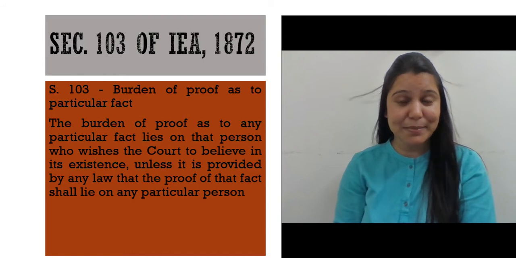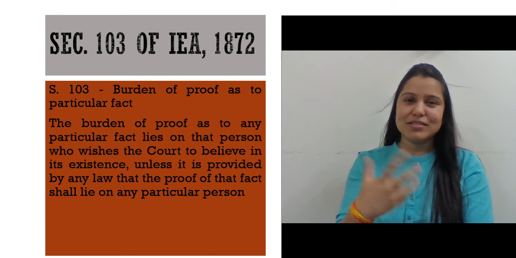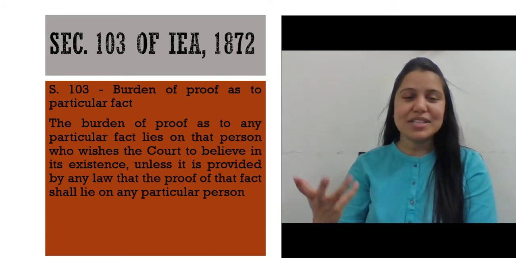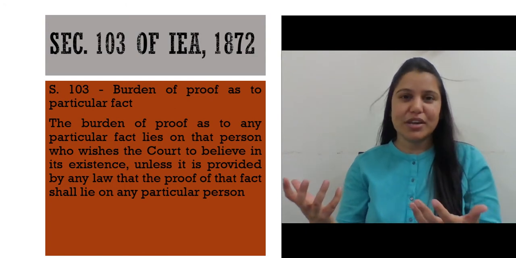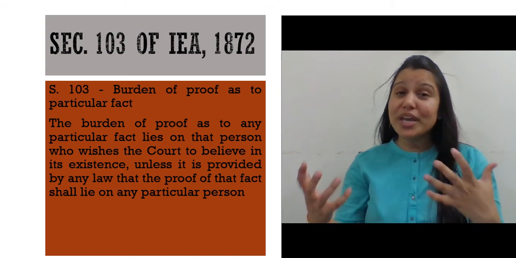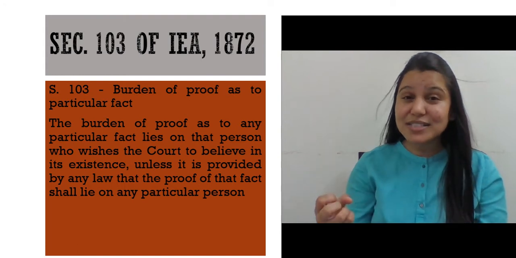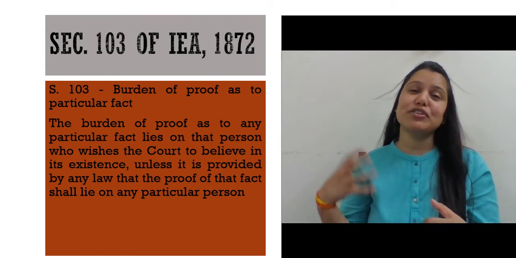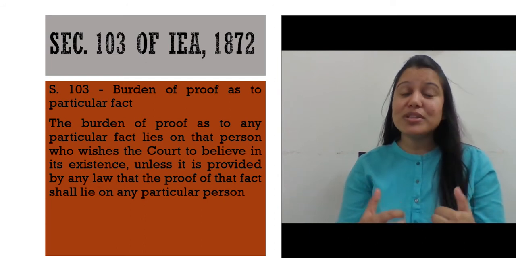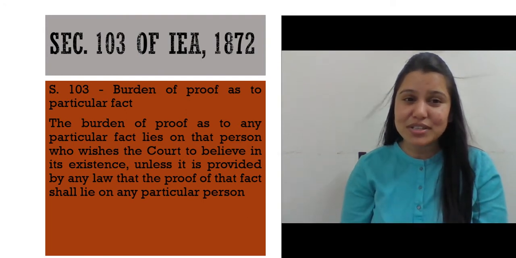Let's take an example in order to understand this section properly. Say there is a prosecution going on against B, where B has committed theft against A. Now, A would like the court to believe the fact that B has confessed to the crime in front of C. If A wants the court to believe such a thing, then A has to come up with evidence.